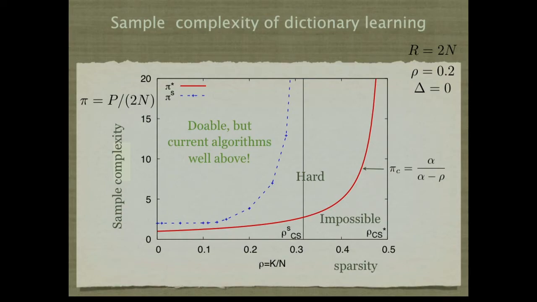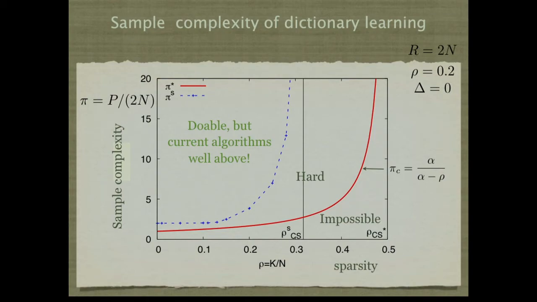At least that's the prediction of the replica method. So this is saying that in the noiseless case, whenever I have more measurements than the number of unknowns, then information theoretically the dictionary is discoverable. It's a very simple result, but it's very far away from the existing results.